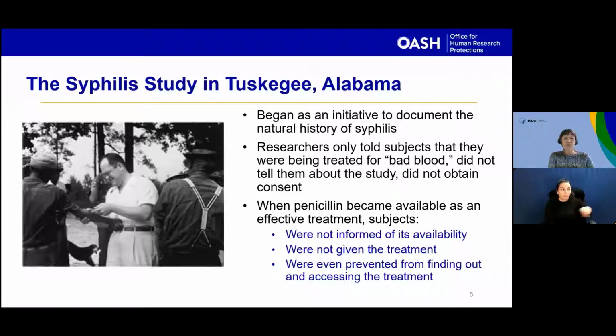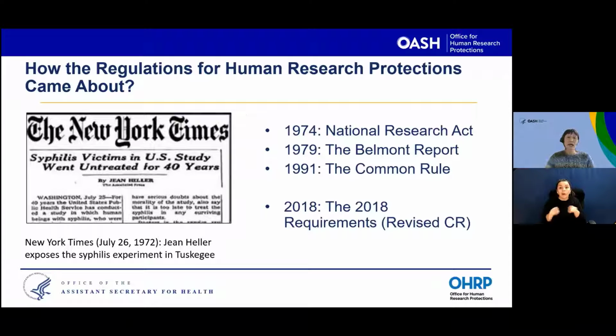And there was also the effort to prevent this information from getting to the participants. I find that to be really egregious. And I guess the public did too. And that was the reason Congress needed to act and decided to act at the time.